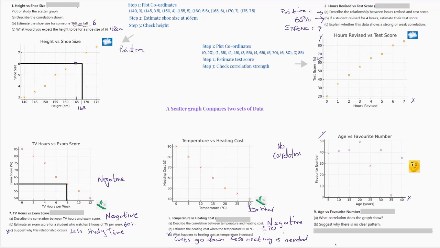So the answer to this, you would just put a favourite number's personal. It could be a random number. It could be, it's not age related. You see here, ages. Why can't a 40-year-old choose the favourite number of 10?